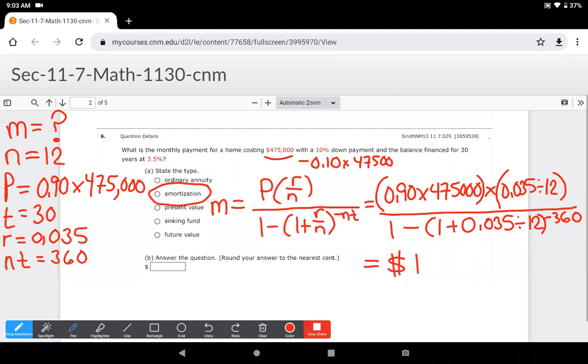Which gives a value of 1919.67 to the nearest cent.